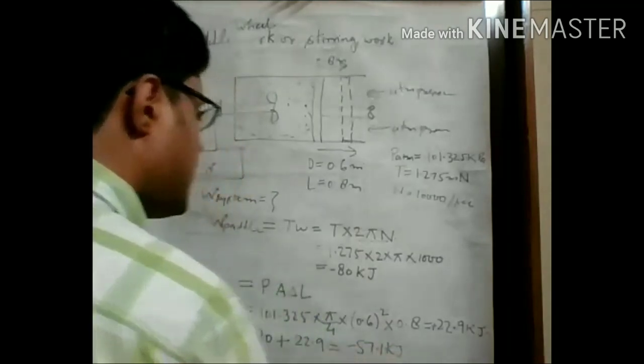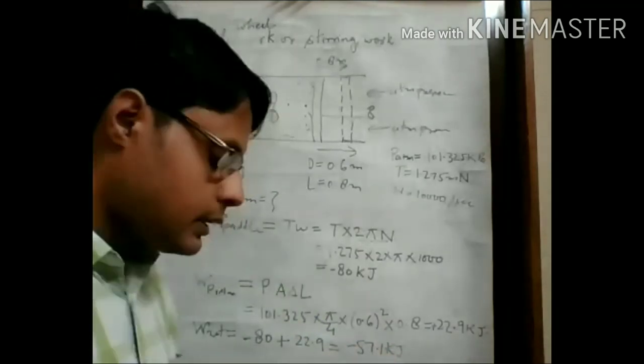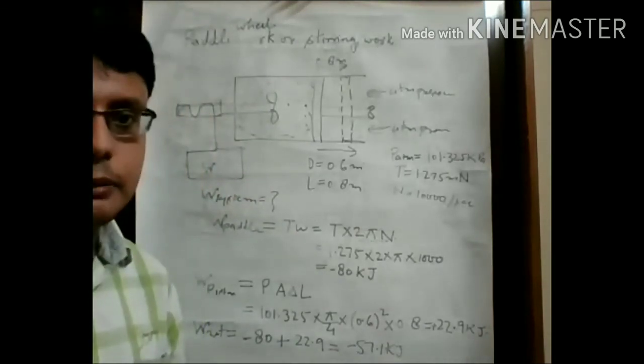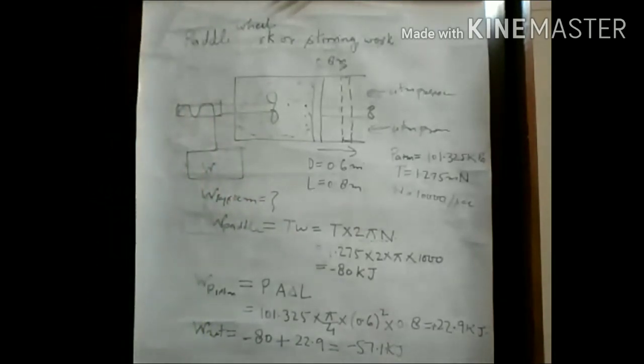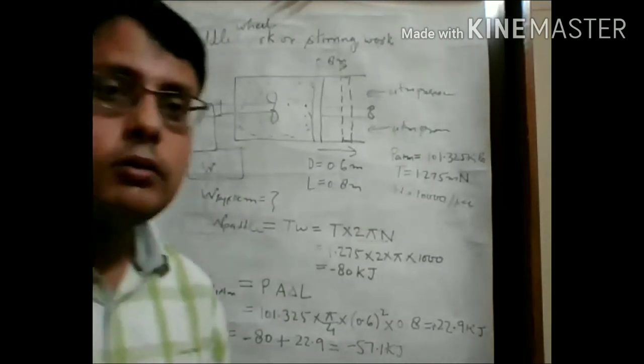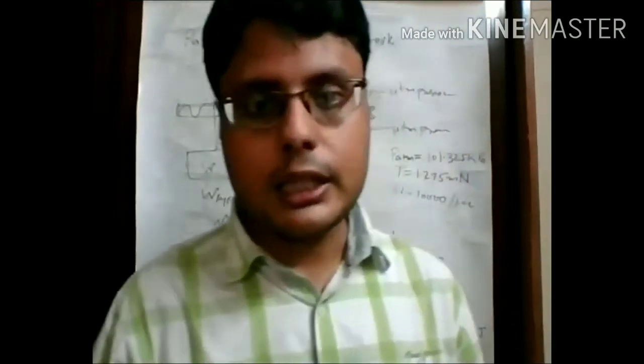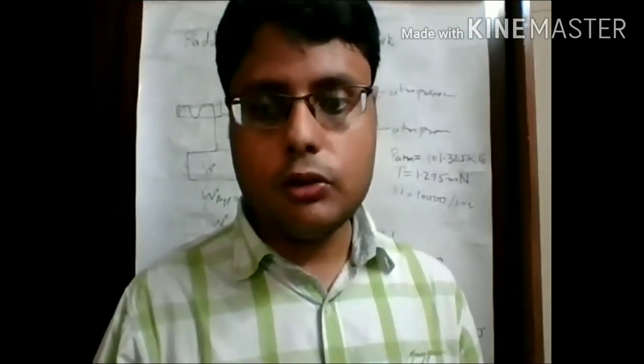This minus sign means that it is net work done on the system. So that's all about application of paddle work. Further, we will discuss remaining topics in the next lecture. Thank you very much.